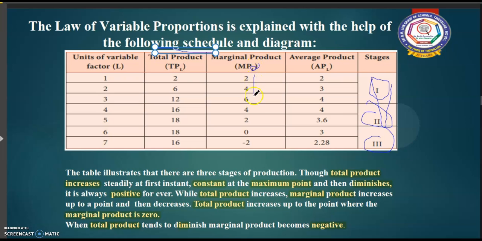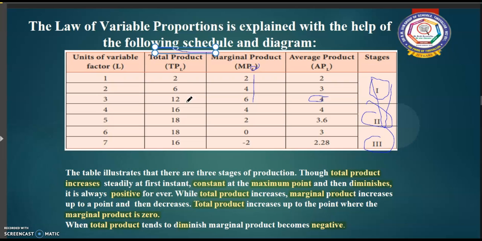it increases up to the third labor and it is higher than the average product. Here this average product is 4, and in this stage it is higher than the average product, so that total product is increasing at an increasing rate.